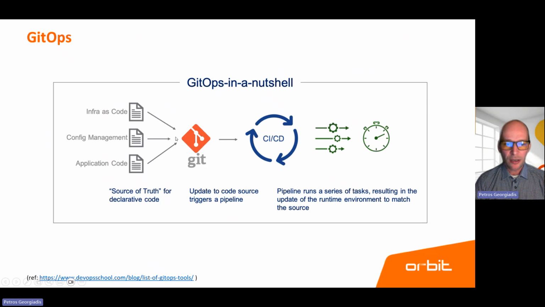It can be all in one, but I think it's convenient to have dedicated Git repositories for application code, and then have one common repository for infrastructure as code and for config management in an additional Git. This is how I also structured my demonstration. That's why we have two separate repositories in GitHub.